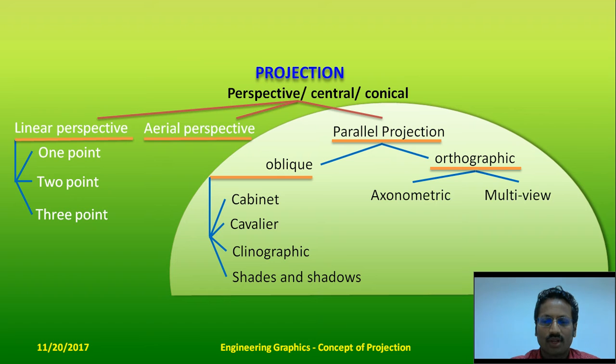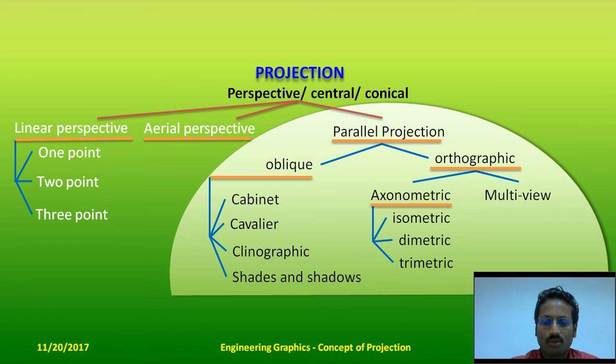Now in orthographic, you have axonometric projections and multi-view projection. Axonometric projections are nothing but axis-based projections, and multi-view projections are nothing but you take multi-views of an object in order to describe an object. We'll come back to multi-view projections. And in axis-based projections, you have three kinds: isometric projection, dimetric projection, and trimetric projection.